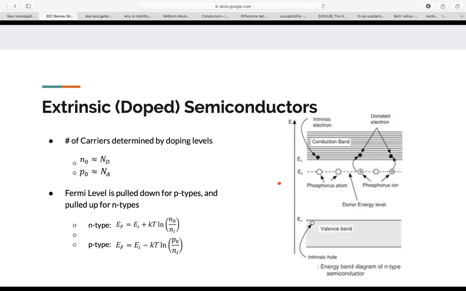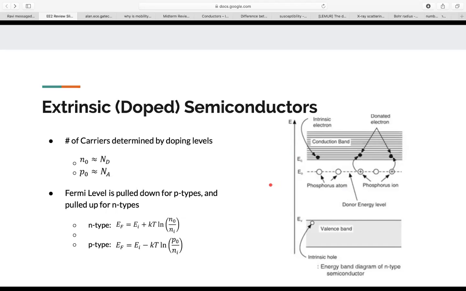That would mean that your N naught is approximately equal to 5 × 10^15. And so when you're doping, you usually want to dope your crystal with an element that has either 1 greater or 1 fewer electron, because it's easier to control. And that's why we're able to say that your N naught is equal to the concentration that you doped with. And same with P naught, because you're only giving 1 extra electron or 1 extra hole.